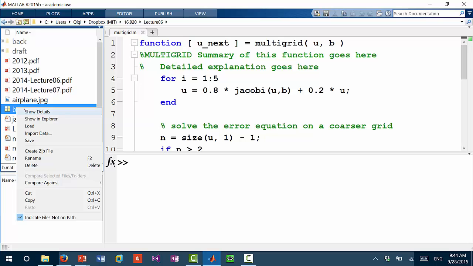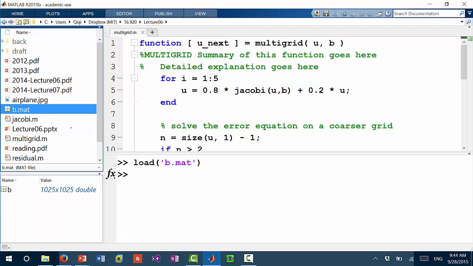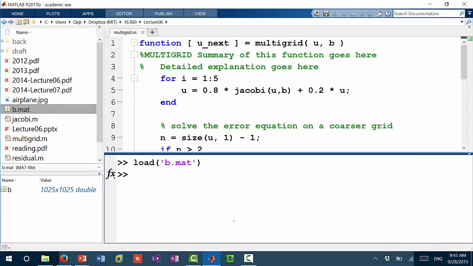In this case, I actually saved the right-hand side B as a .mat file, so we can just load it. Okay, so we have a 1025 by 1025 matrix loaded, and let's start from a zero solution of the same size.